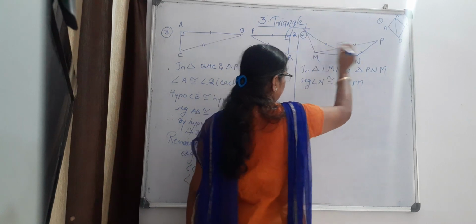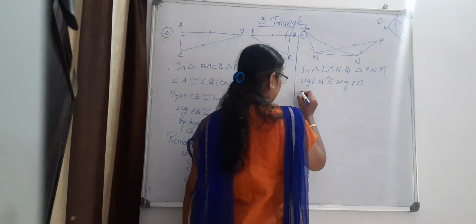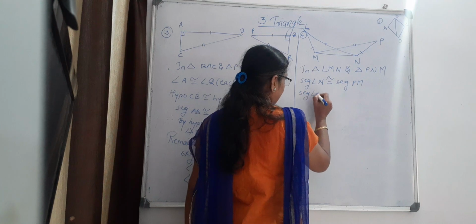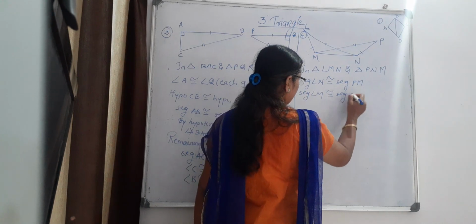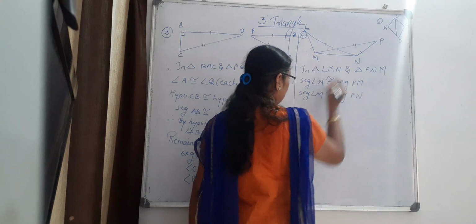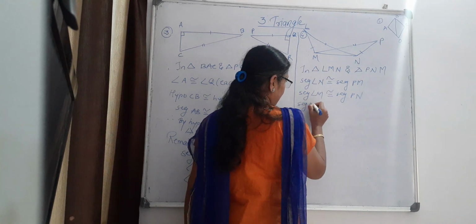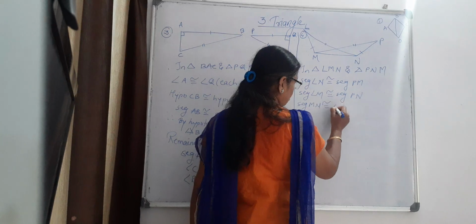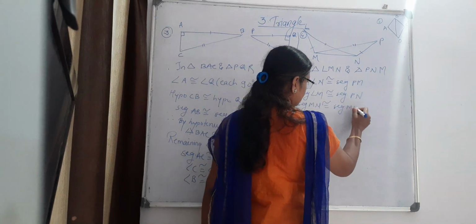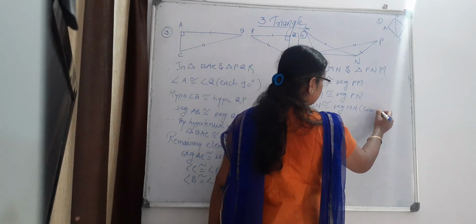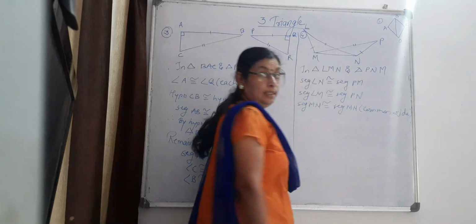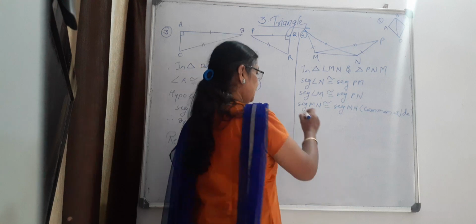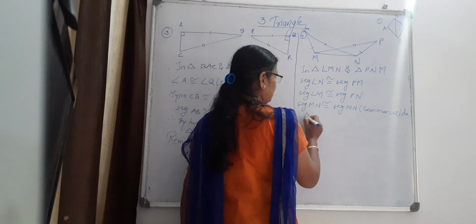Then segment LM is congruent to segment PN. And third, segment MN is congruent to segment MN. What is the reason? Common side.